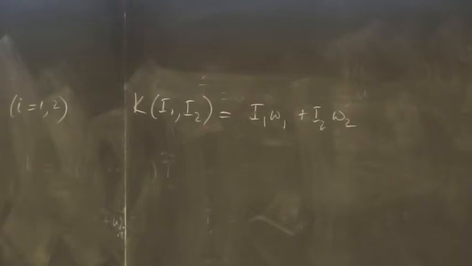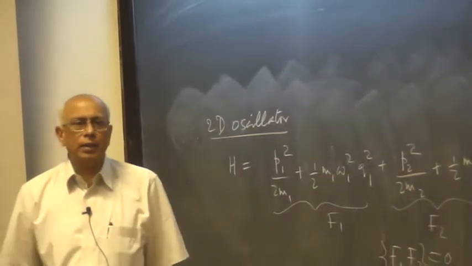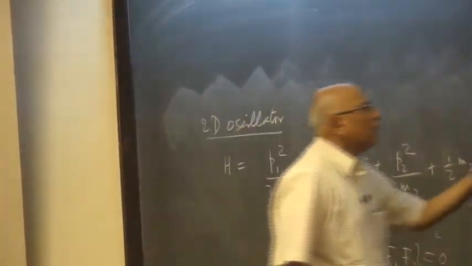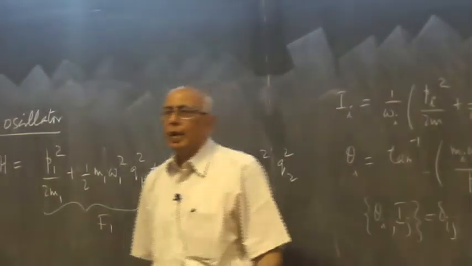However, the question is, is the motion periodic or not? Now you see, I can represent this motion because the I's are constant. In the I1, I2, theta 1, theta 2 space, I can represent this motion in terms of just the motion of whatever is moving, namely the thetas are changing. So two angles, theta 1 and theta 2, each of them running 0 to 2 pi.